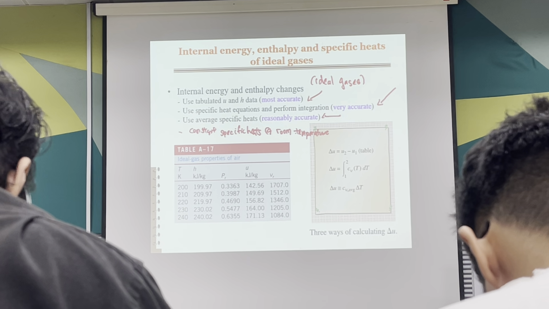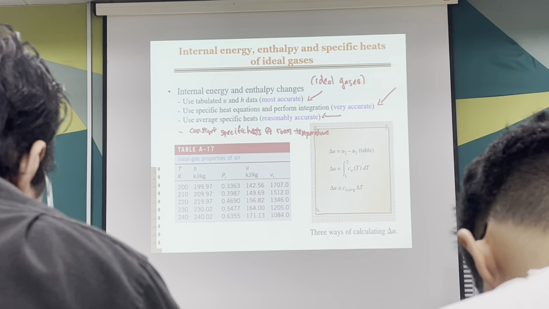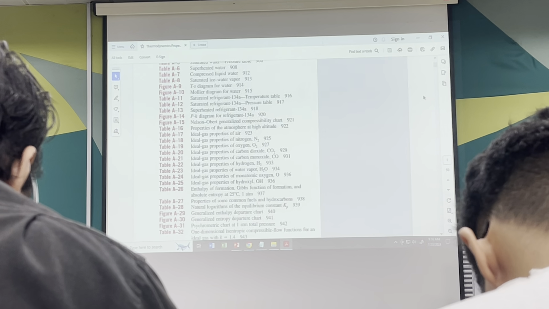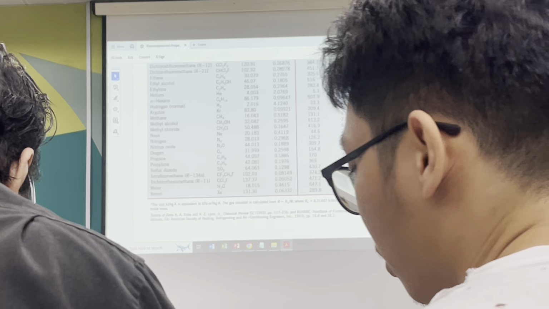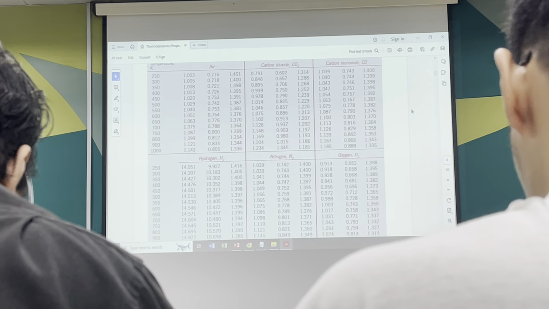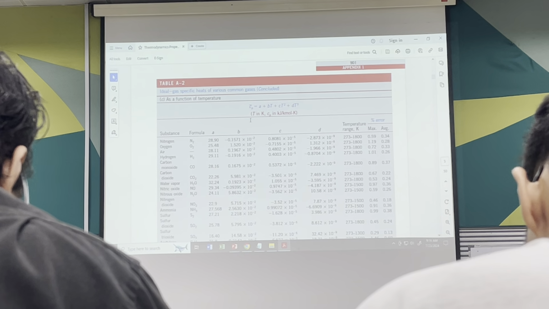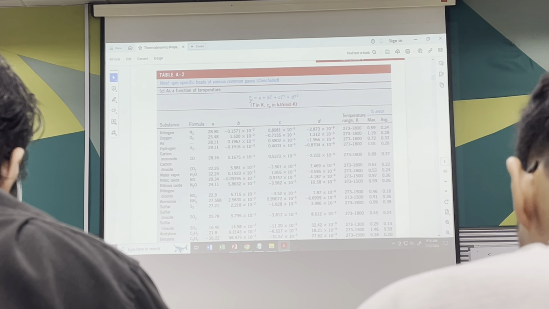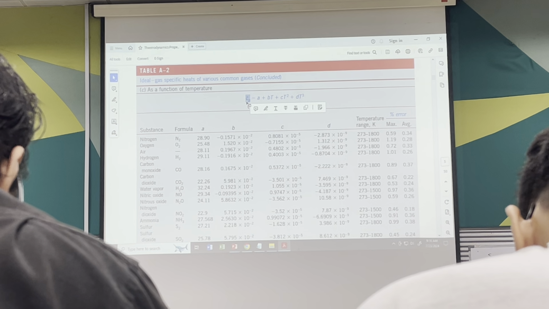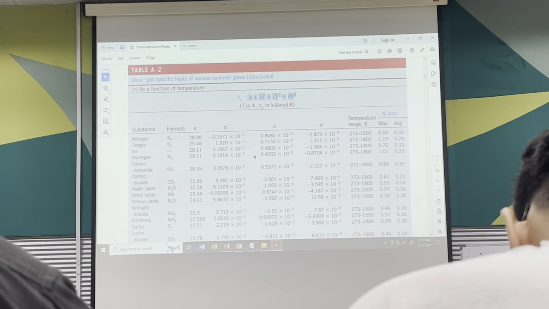The second method is the one that students would like, which is also a bit more troublesome. We'll come back here. I won't show too much of this one, but you still need to learn. Just now we showed that we have a table for all the temperatures, right? So you go down to table A2, where you have another equation that shows you the Cp value, and you need to integrate this equation to get the u value.